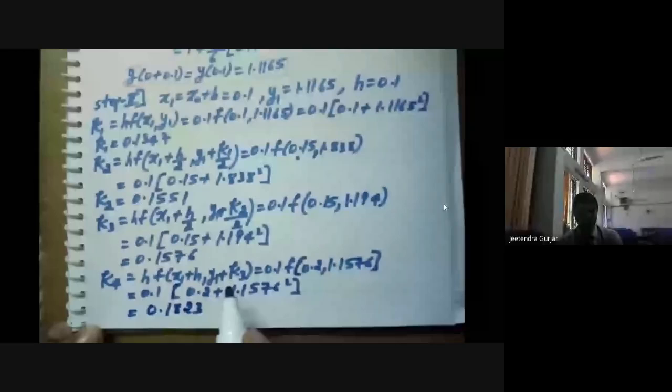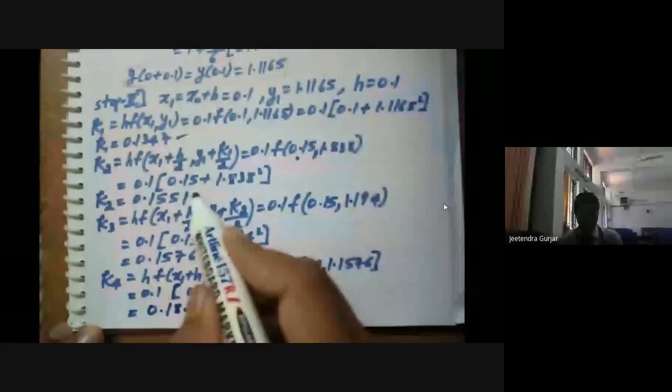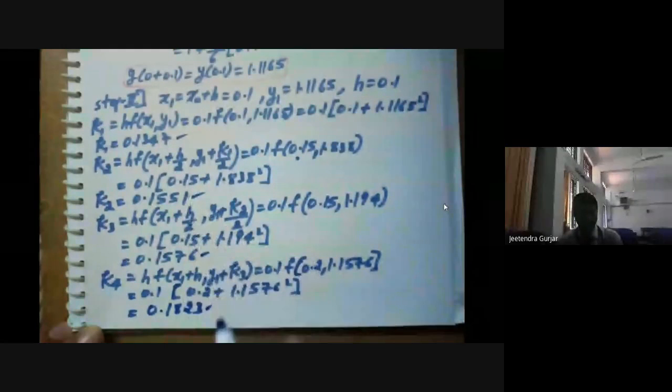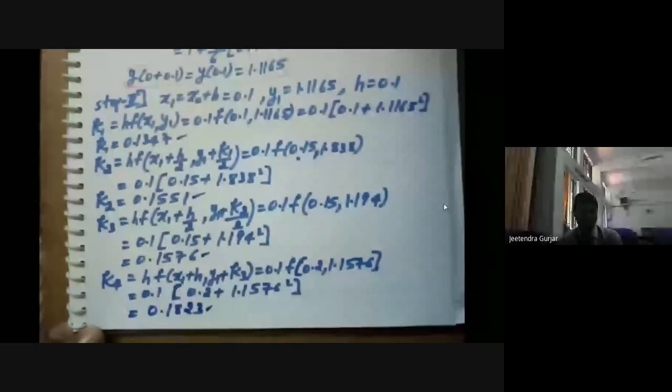After calculating all these four values, remember, students, you are going to substitute in the next value, that is y of x1 plus h. So please write down the formula once again. I will repeat. Runge Kutta method formula: y of x1 plus h is equal to y1 plus 1 upon 6 in the bracket k1 plus 2k2 plus 2k3 plus k4.